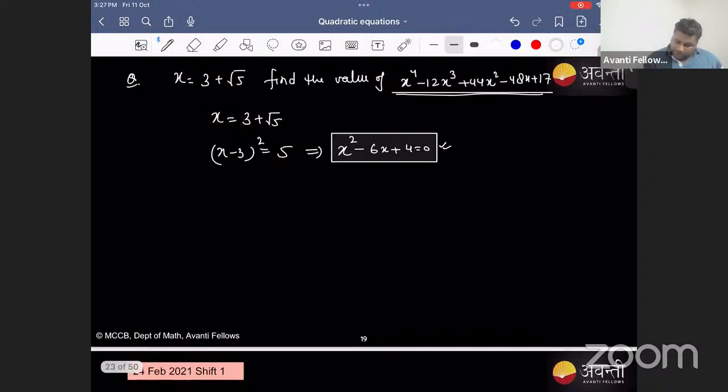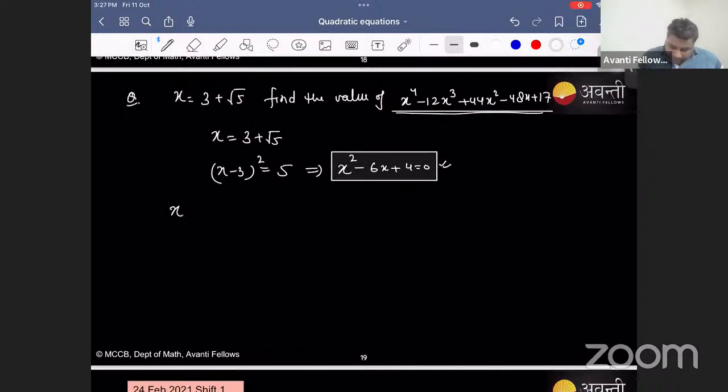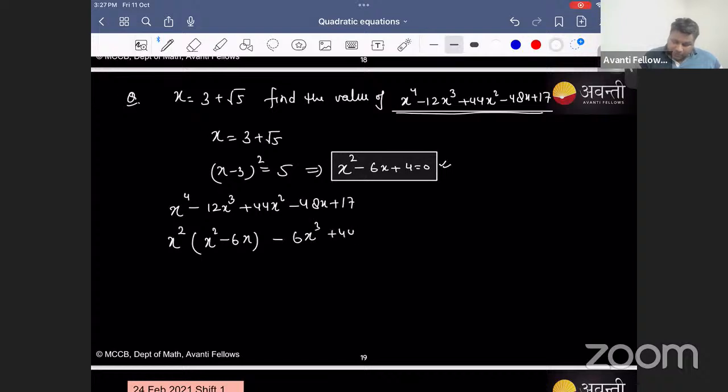See, first of all, what it is: x to the power 4 minus 12x cube plus 44x square minus 48x plus 17. X to the power 4, so I can write x square into (x square minus 6x). So you are left with minus 6x cube plus 44x square minus 48x plus 17.